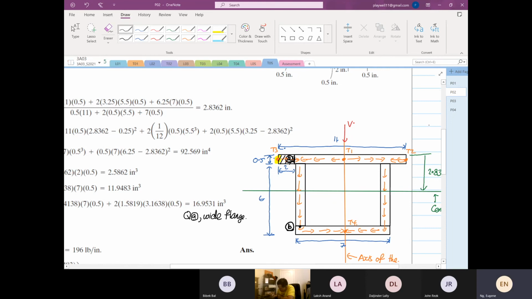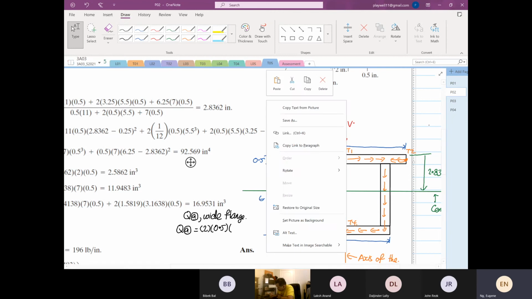So the Q at point A is equal to the width is 2, the depth is 0.5, the y bar is equal to 2.8362.